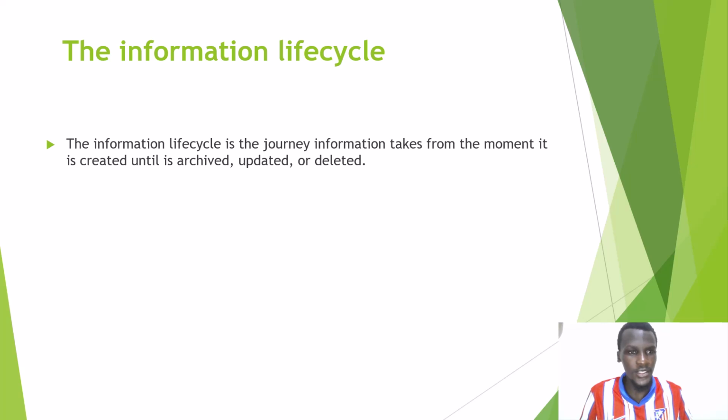The information life cycle is the journey that the information takes from the moment it has been created until it is archived and updated or deleted. Being archived is being kept in a place, like being stored. Updating is literally replenishing the information.